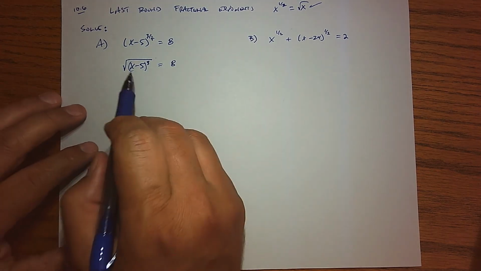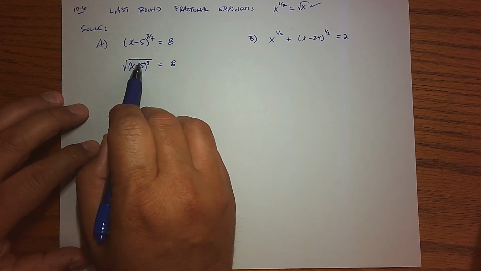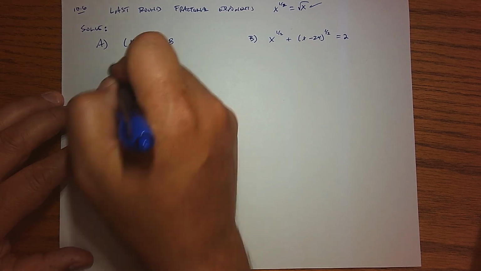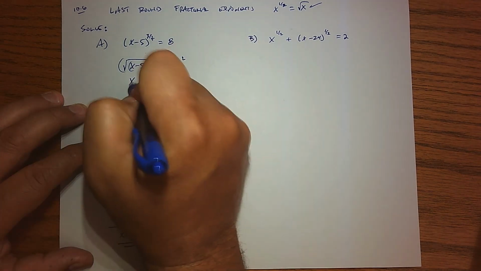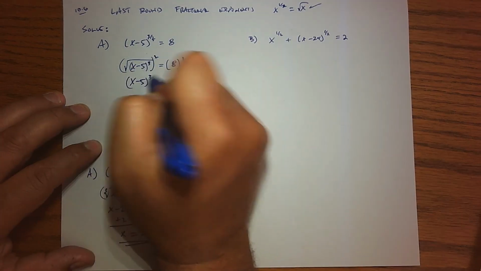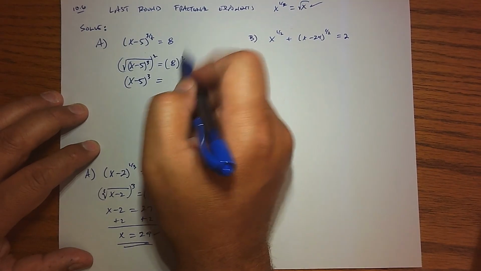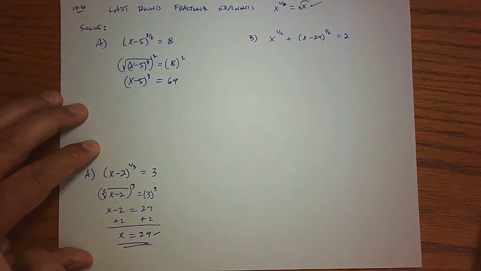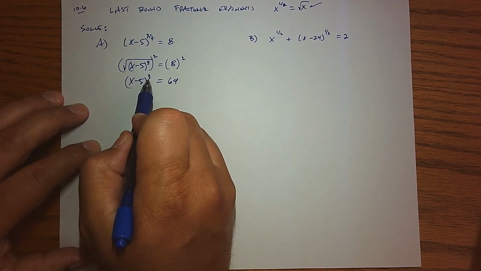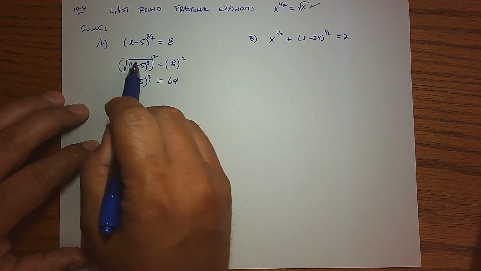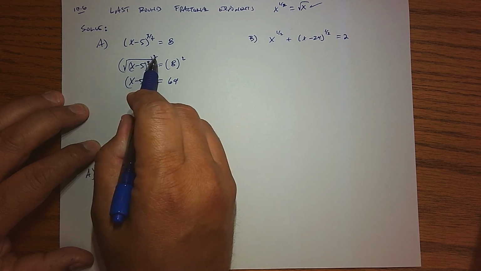So our first move then is we want to clear this radical. We have a square root, so I clear it by squaring both sides. What I'm going to be left with over here is x minus 5 to the 3rd power, and 8 squared is 64. Okay, so far so good. But now we have a power of 3. We've seen quite frequently that we get rid of radicals by raising to a power.